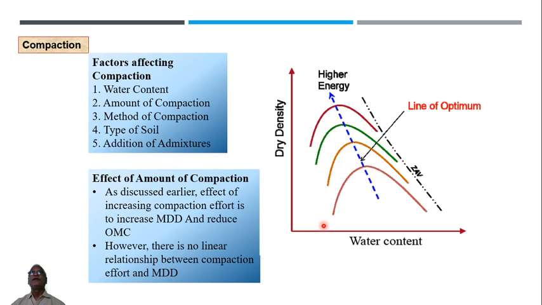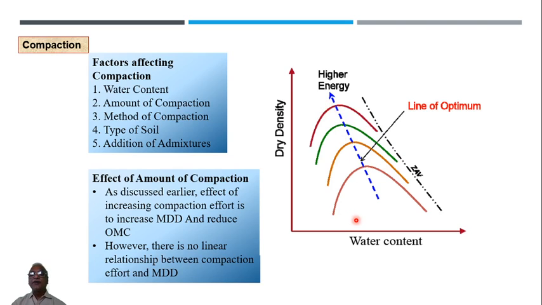Suppose you increase the number of layers to 4, and every layer is rammed with 25 blows, then the kind of curve that you may get will be something like this, orange. Right? Now increase the number of layers to 5, let's say. This is one way of increasing the effort. Now if you go on doing that, you'll get this.